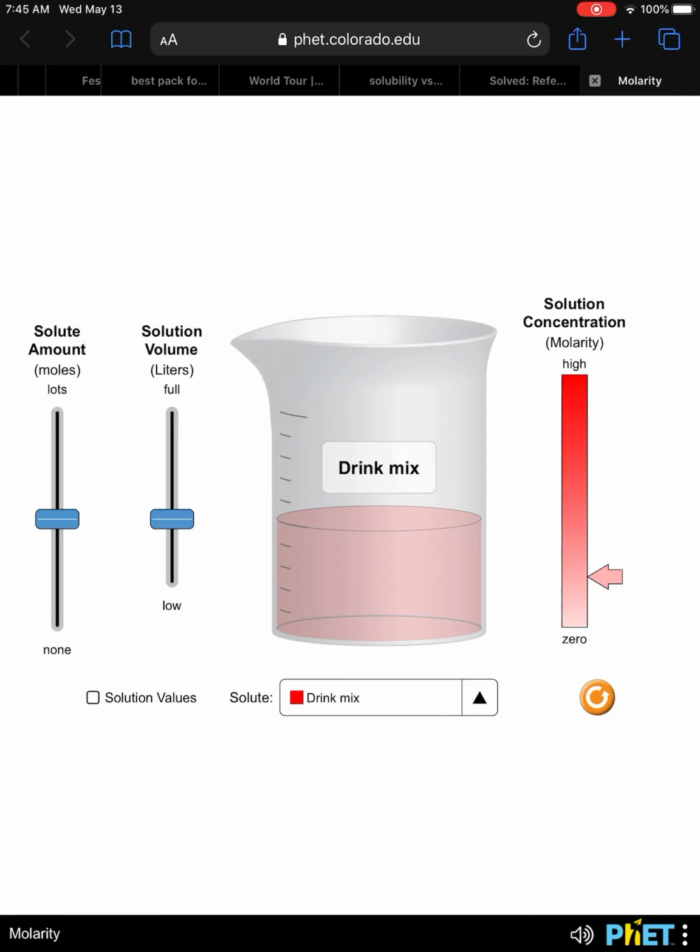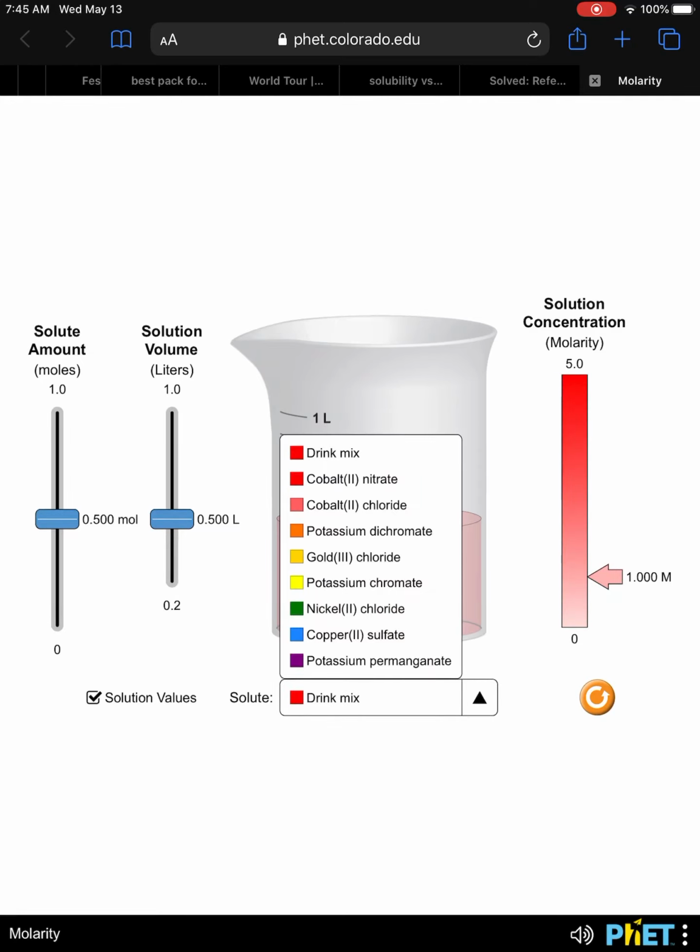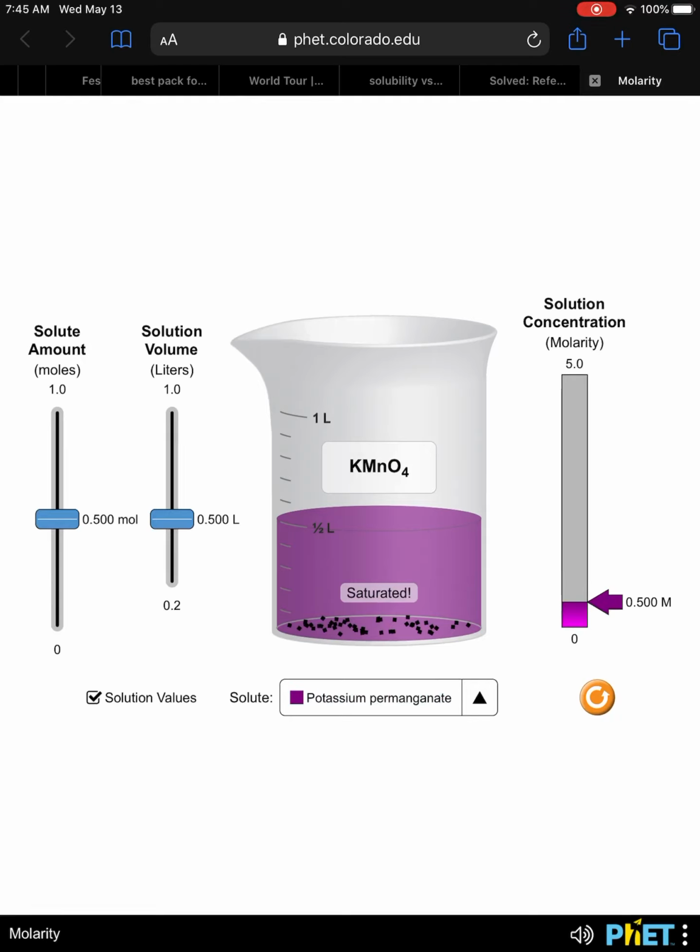So here's the program. In this little box in the bottom left, we'll want to have that checked. And let's go to potassium permanganate, the first one on our list. Notice it's already saturated. We want to adjust the amount of solute so it's not saturated. That is called the saturation point. And I'm going to reduce, and, oops, let's see if I can get it exact.